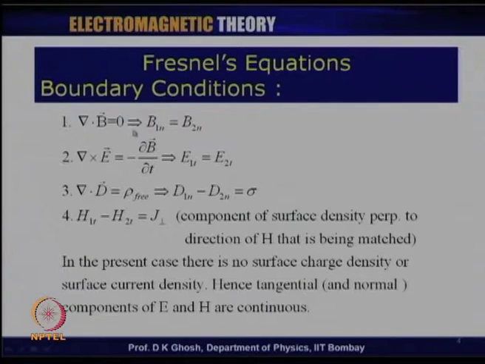Whenever we had a cross product, what we did is to take an Amperian loop and go by a line integral, because del cross E dotted with ds is related to a line integral, and B dot ds will give you the flux. As we have seen several times, this has given us E1t equal to E2t.